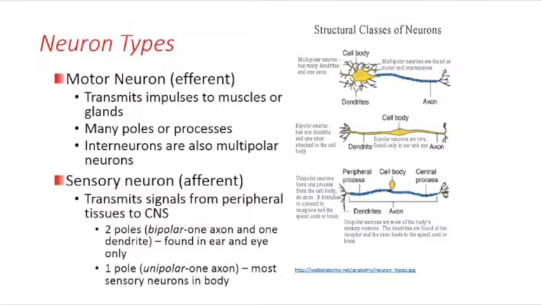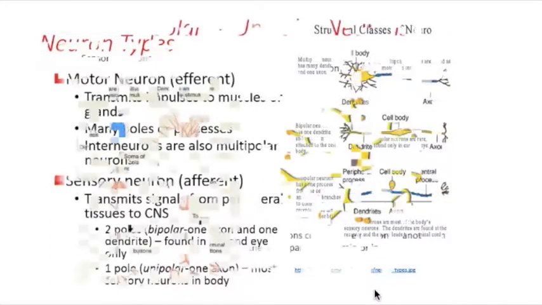And it has just one process from the cell body, the axon. And it can branch to connect to receptors in the spinal cord or brain. And that little link that I have down at the bottom is, again, very helpful if you wanted to go to that to get more information about the structure of different types of neurons.